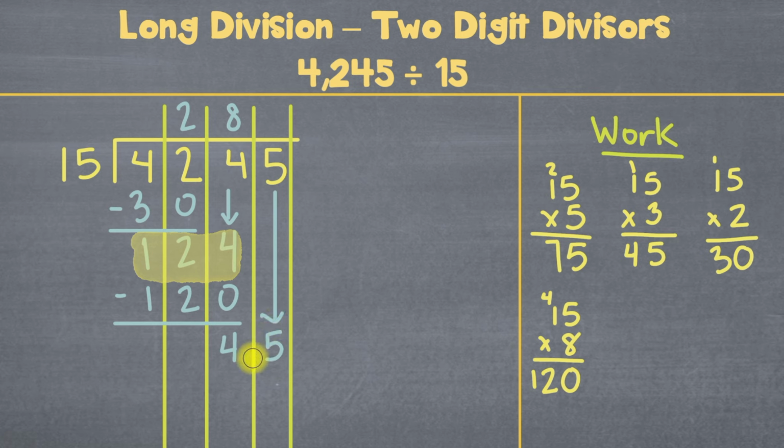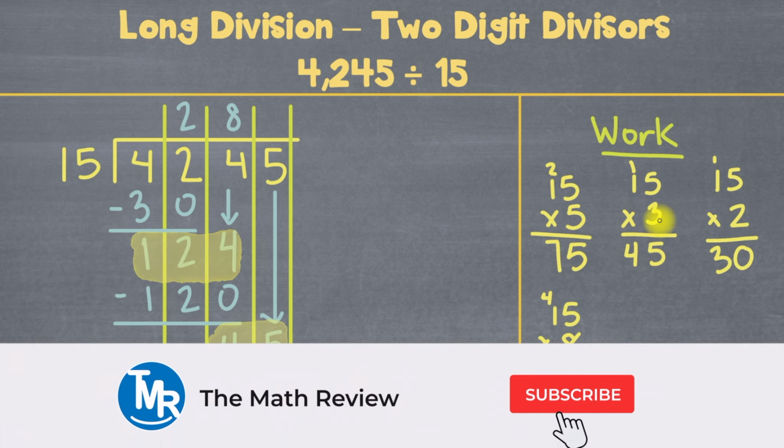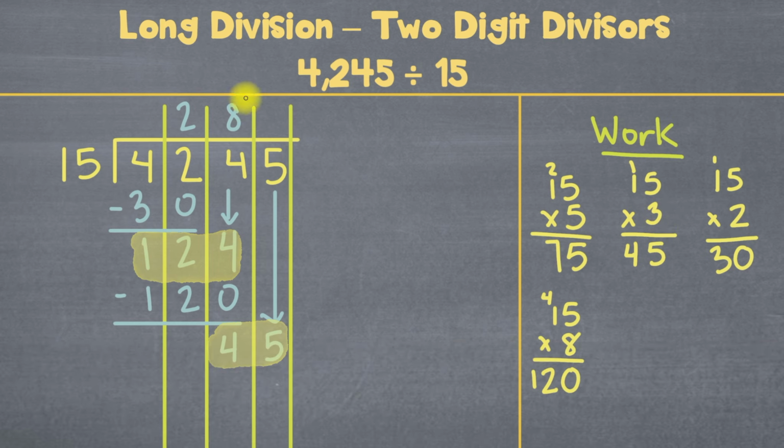So now the number we're going to have to divide isn't 4, but 45. And the question is, how many times can 15 go into 45? Well, we're lucky. Because we have this work area on the side, we already know that 15 can go into 45 3 times. So we'll write 3 here, and we know 3 times 15 is 45.